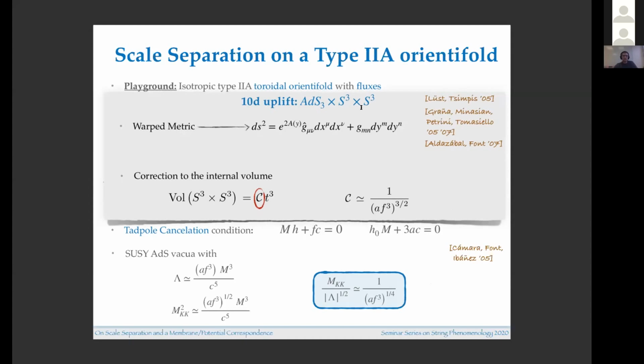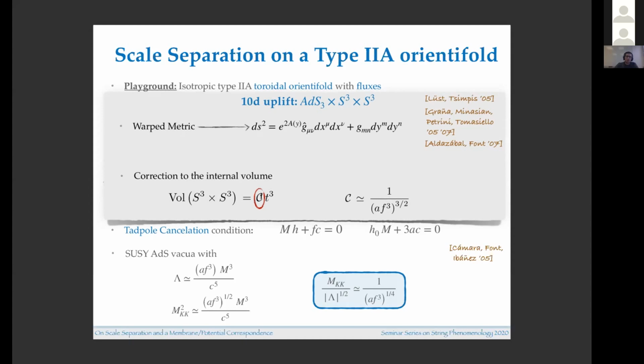But when one includes all this, there's one crucial change that we were not detecting at the 4-dimensional EFT level, which is that the volume of the internal manifold is corrected by this thing here, because this T cubed is the characteristic volume of the torus. We have the toroidal compactification, and we estimate the volume by T cubed. That's what one obtains from the toroidal picture. But there's this crucial value here, which is flux dependent, which depends on these fluxes in this way.